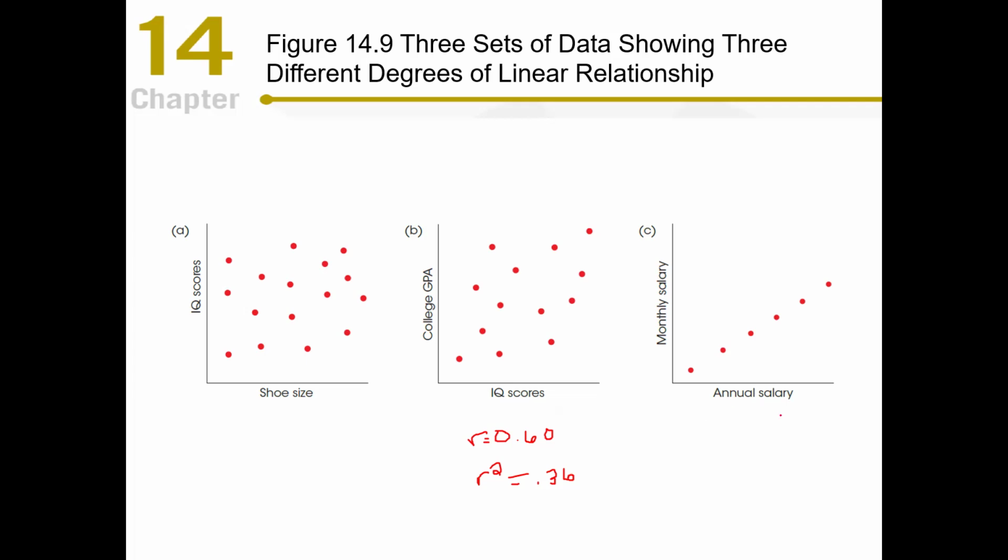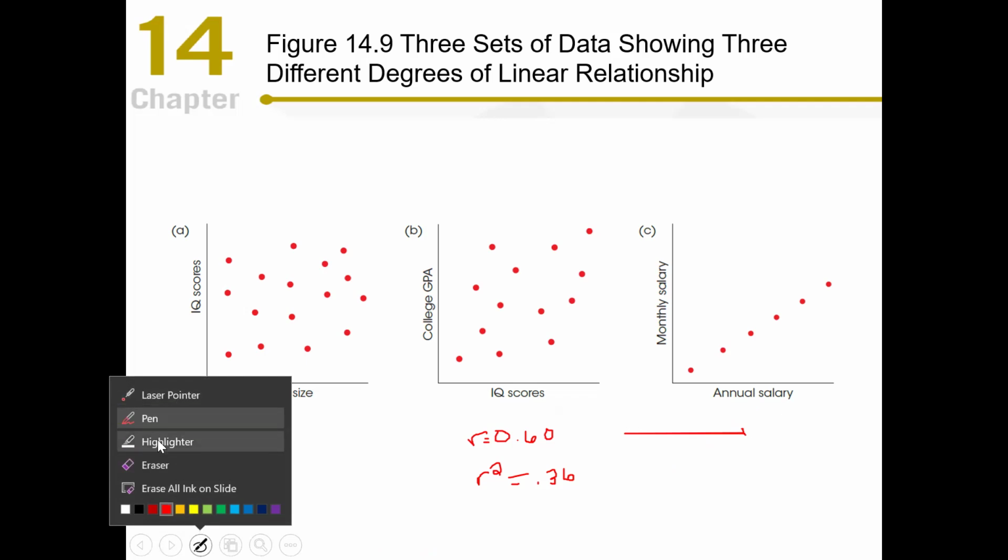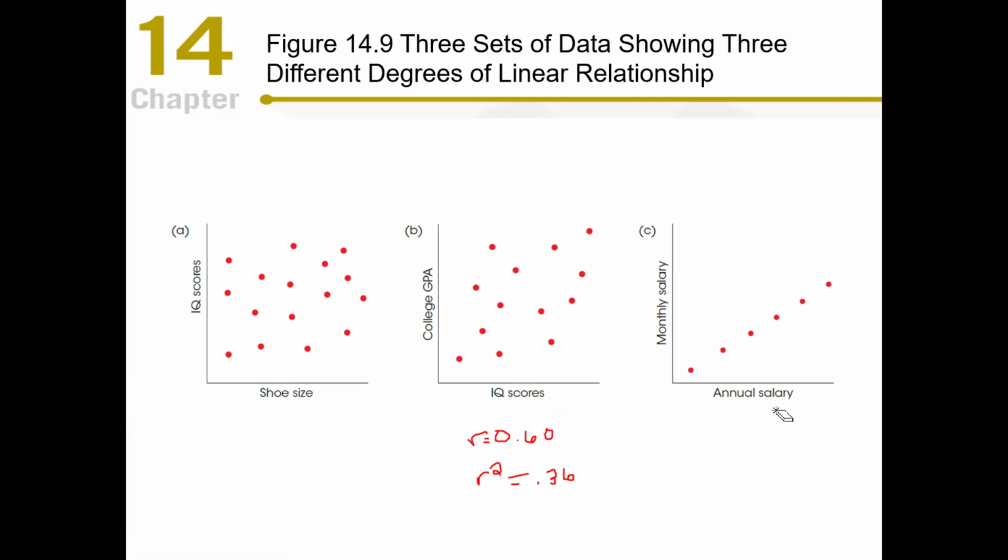All right. Your annual salary. This is a positive relationship. For our annual salary, we know that this is a one-to-one relationship. So you have your monthly salary and your annual salary. As your annual salary increases, your monthly salary increases by the same amount, right?